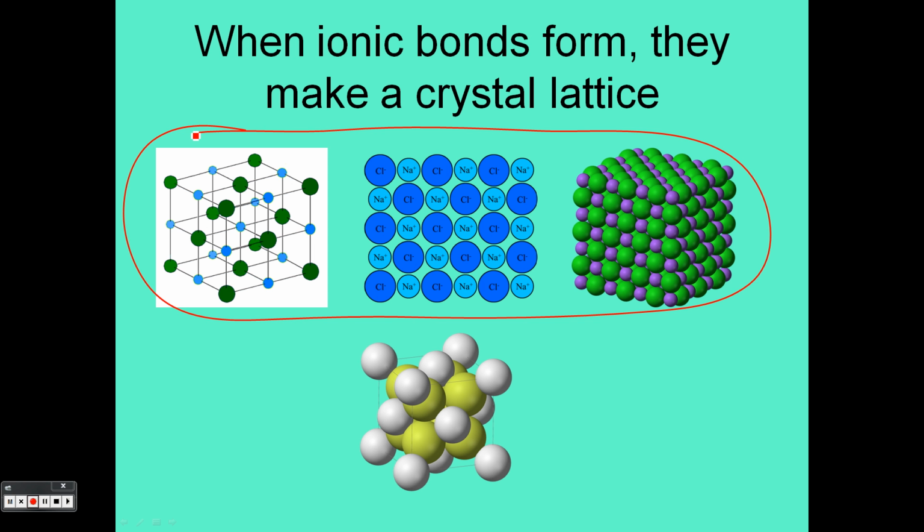There's no such thing as a molecule of salt. Molecules are different. We can talk about a molecule of, say, sugar, which is a covalent molecule. But because ionic bonds form this lattice, a crystalline structure, you can't just isolate one, quote, compound. What we do talk about are formula units.